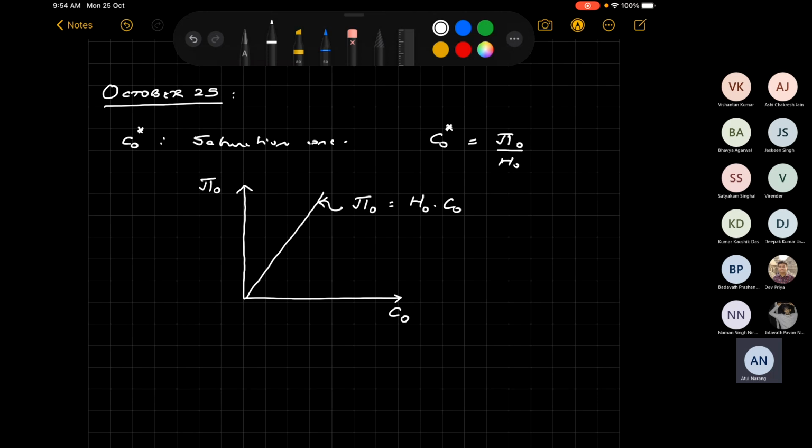The moment I give you any particular partial pressure, you can estimate the corresponding value. So pi O, this is in atmospheres, but easily converted to concentration in moles per liter if you multiply it by 1 over RT. And this is often expressed in millimoles per liter.